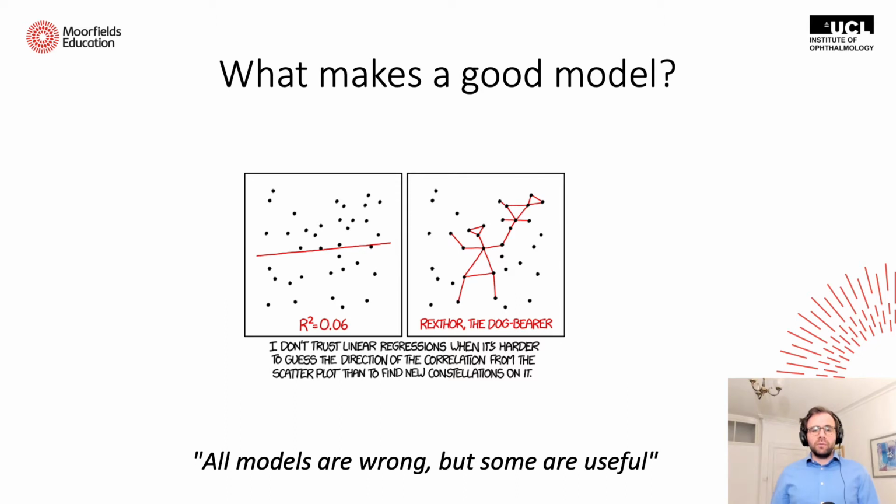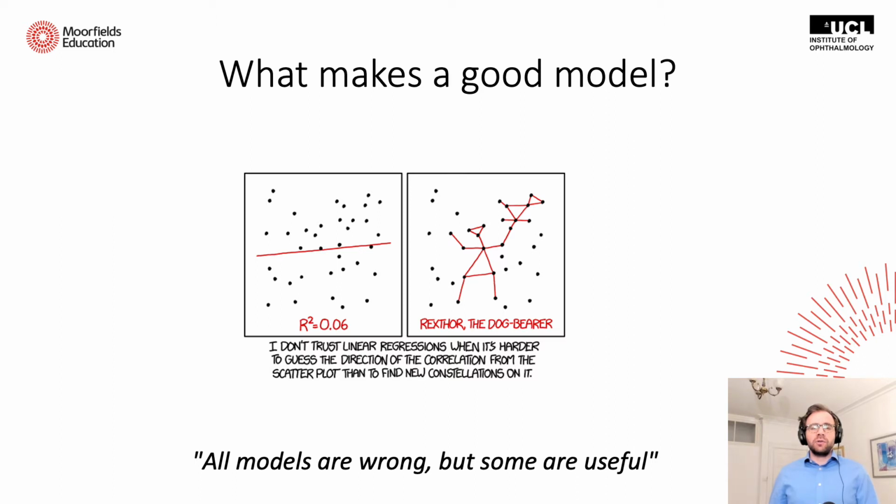So what makes a good model? A good model is a useful model, and this is a quote at the bottom from mathematician George Box: all models are wrong, but some are useful. And what do we define as utility?